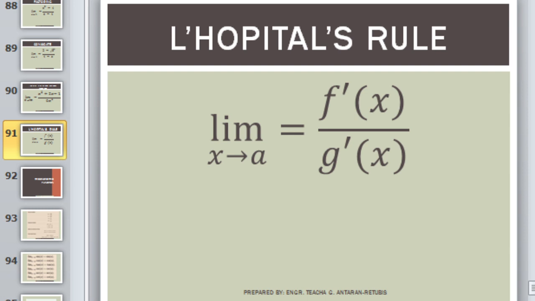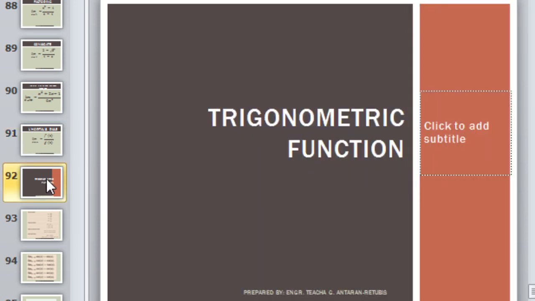Now, regarding limits, we have another situation where we may encounter a trigonometric function. Trigonometric functions involve trigonometric identities like sine, cosine, tangent, cosecant, secant, something like that. And if you could recall in your trigonometry subject, we have these identities.